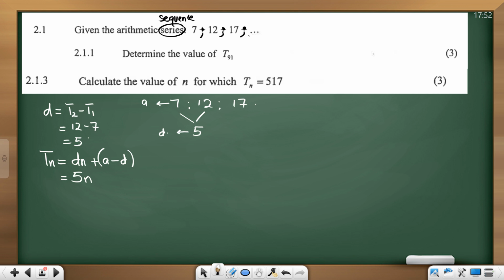What is 7 minus 5? 7 minus 5. The reason I'm showing you this is to let you see the position of the examiner who can give you this and say what is d.